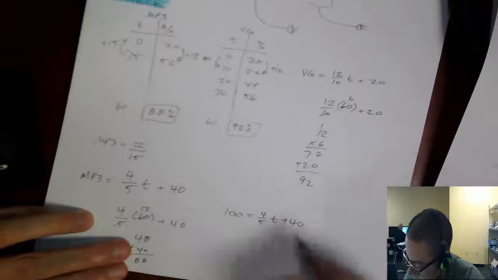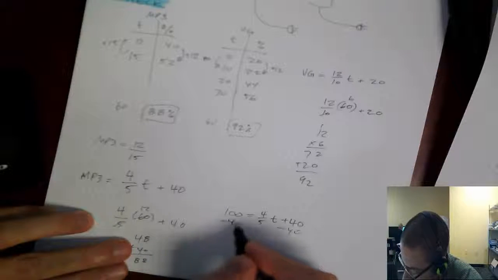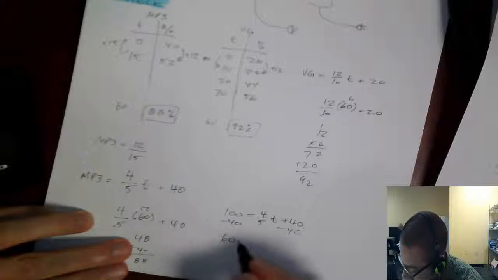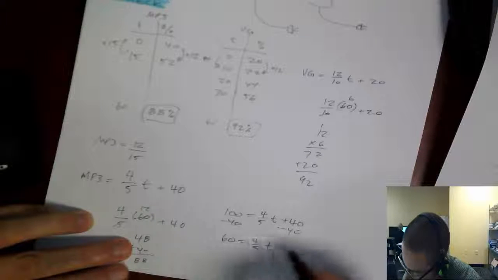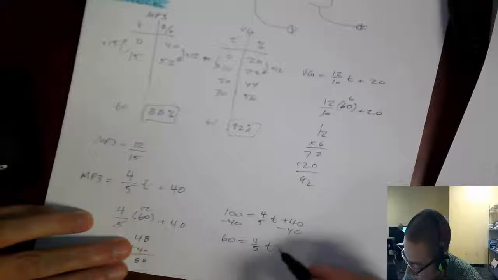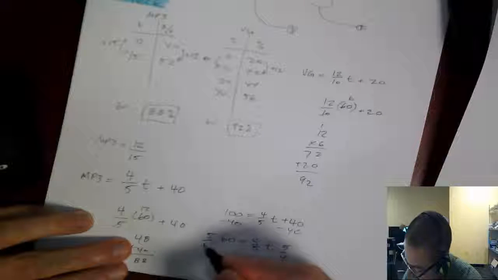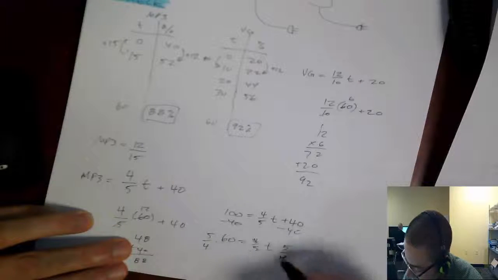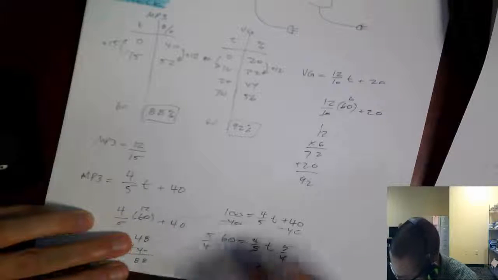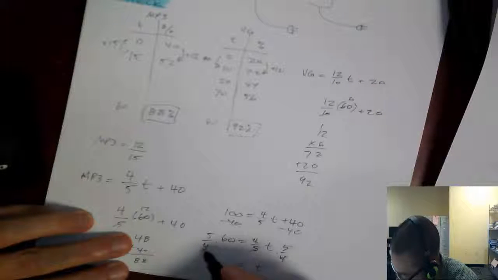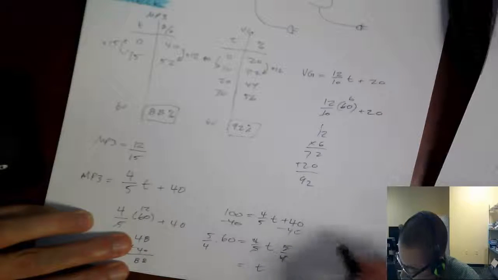So to solve this, I would subtract 40 from both sides, and I get 60 equals 4/5 t, and then I multiply both sides by 5/4. So it cancels to get t equals, let's see, 4 goes into 60. No, it doesn't, does it? Yeah, it does.